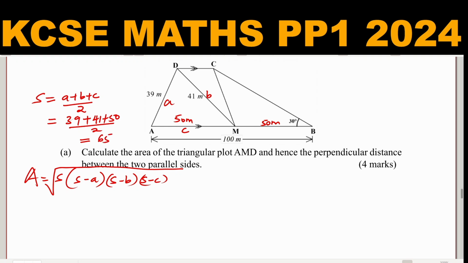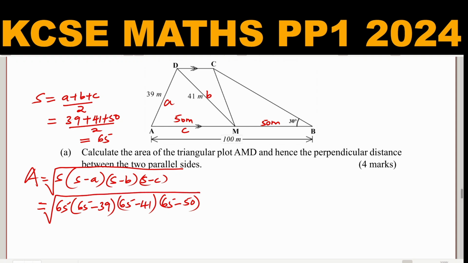So that is S. Now get the area: S is 65, then 65 minus A, 39, then 65 minus B, that is 41, then 65 minus C, C is 50, and then you get the square root of that.